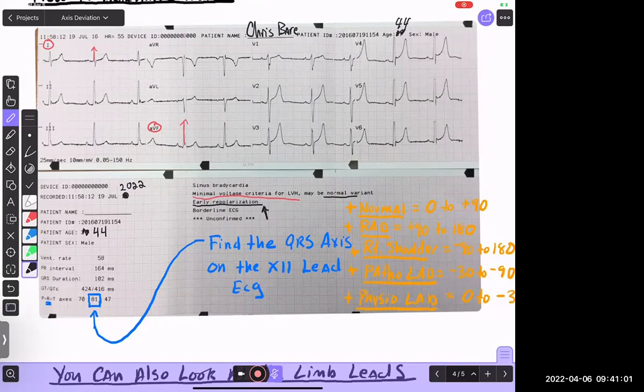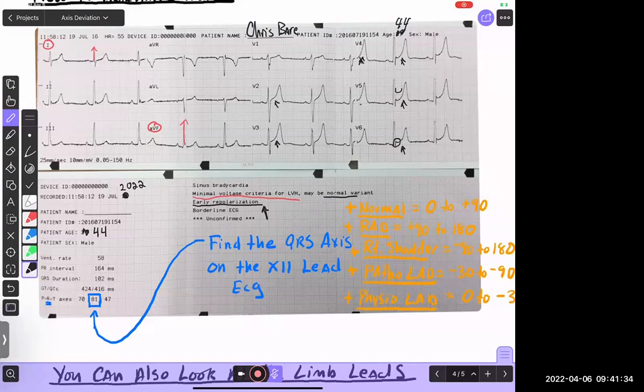It looks like there's some elevation in V2, V3, maybe a little bit in V4, V5 and V6. But remember, we have that little notching here. I'll circle it there. You've got a concave elevation pattern, right? All that suggests that we're dealing with benign early repolarization. So that could be part of it too.